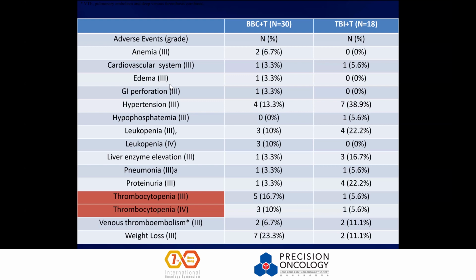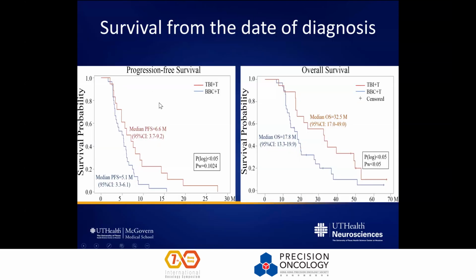So this is a Kaplan-Meier survival curve, just for demonstration. Overall survival is 32.5 months, even though it's not statistically significant because the group size is very small.